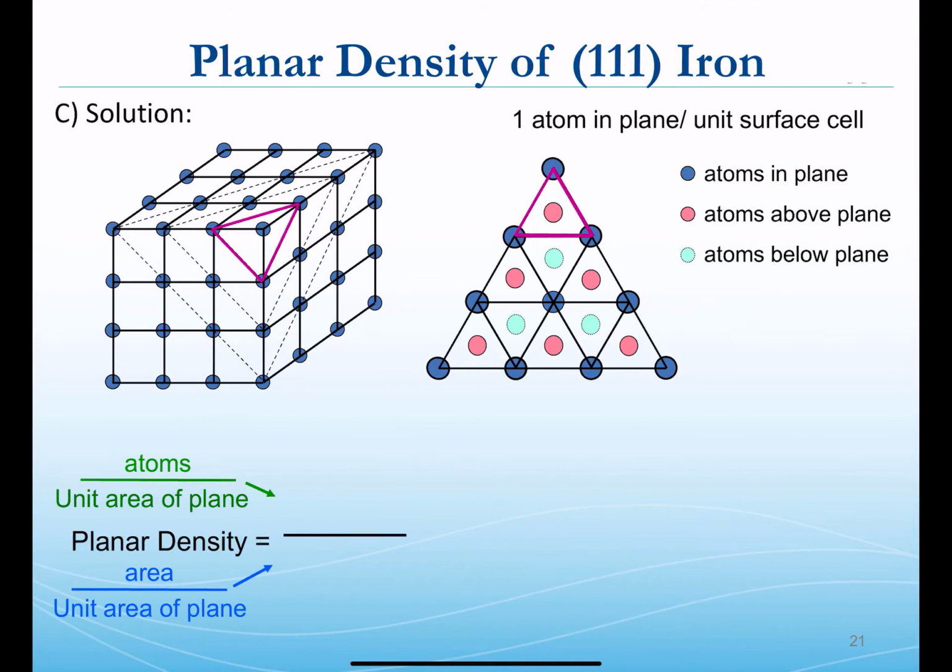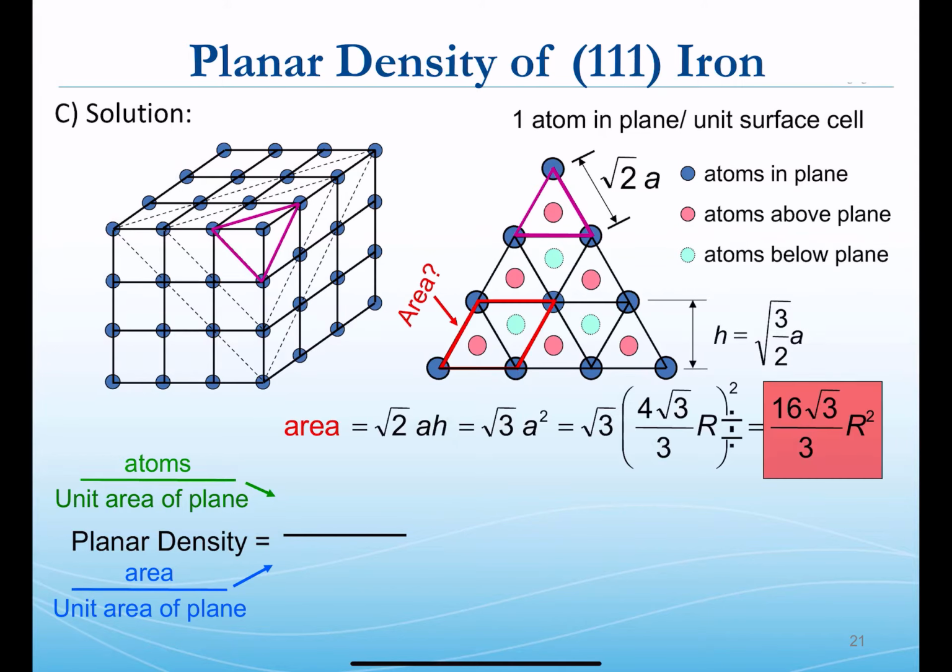Okay, so planar density, of course, is the number of atoms in the area of the plane. So there are numerous ways to tackle this. Just for offering a different approach here, we're going to determine the area of this parallelogram. You could also determine the area of the triangle if you wanted.